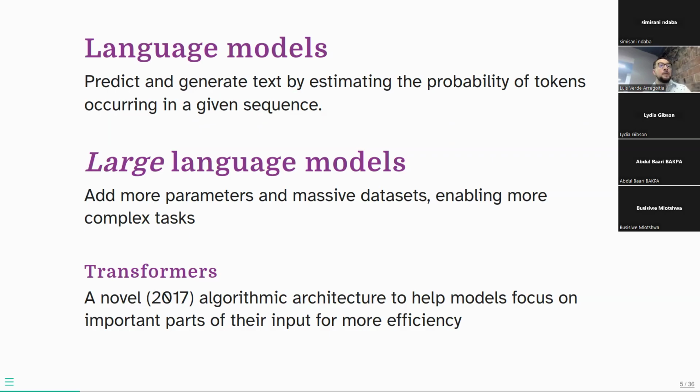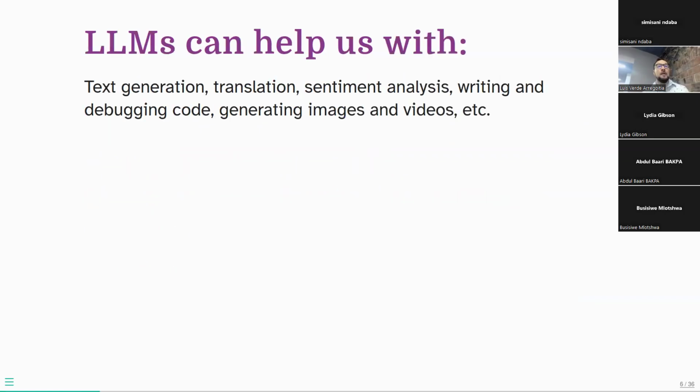This is fairly recent, as the transformers architecture came out in 2017. With large language models, we can generate text, translate text, or do sentiment analysis. This one is an important one for us today, which is to write code. We can also generate images, videos, and many more tasks.